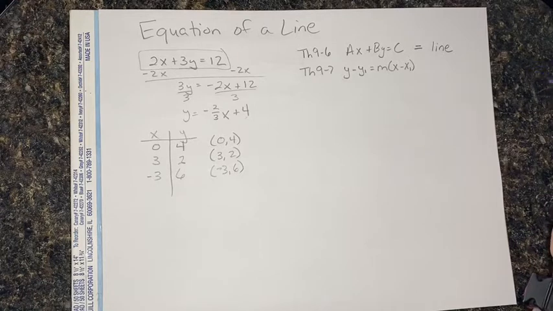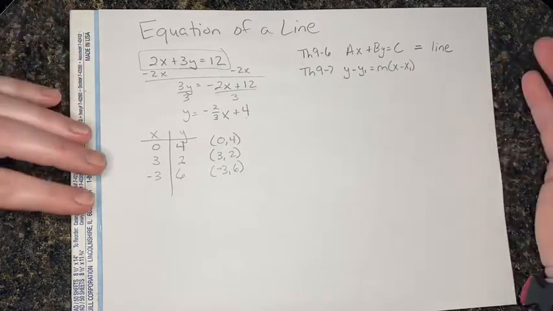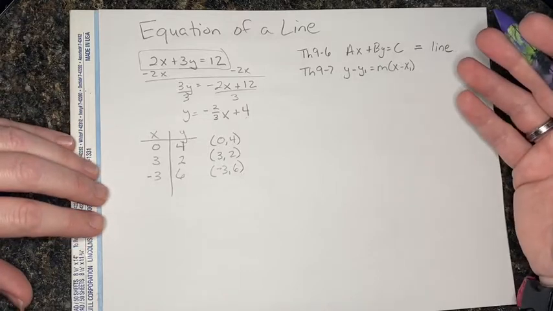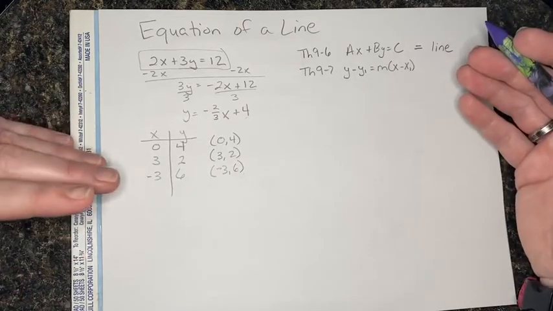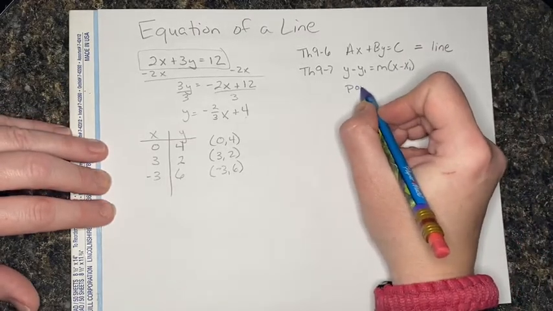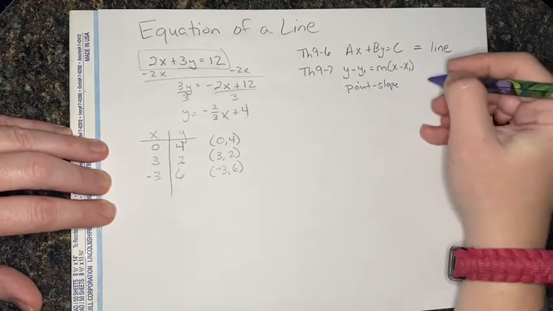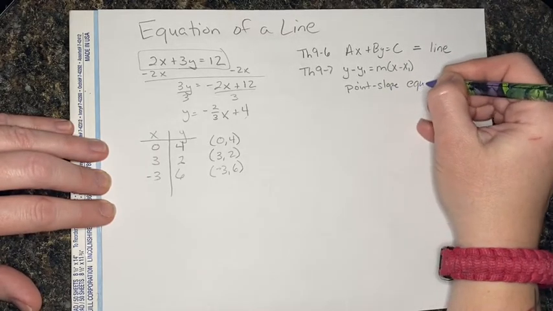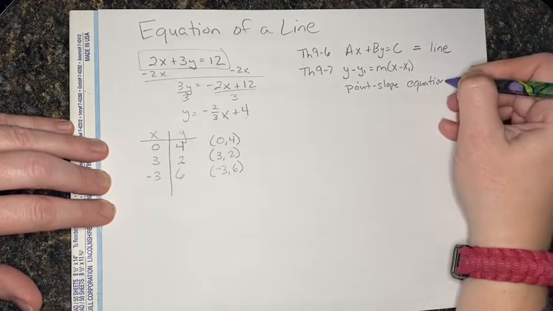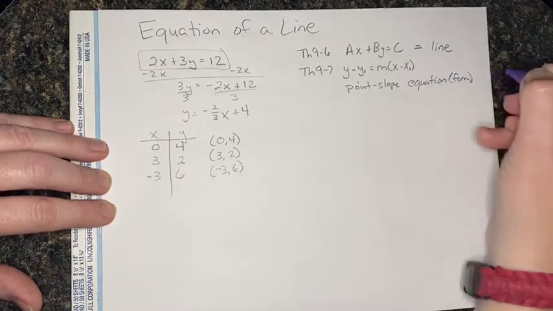And obviously my x sub 2 cannot equal my x sub 1 because that's going to give us an undefined problem, okay? And this is called the point slope equation or form, okay?